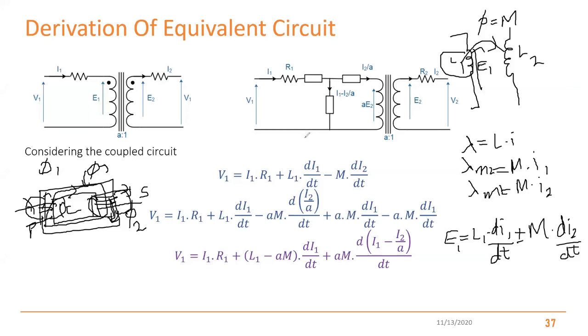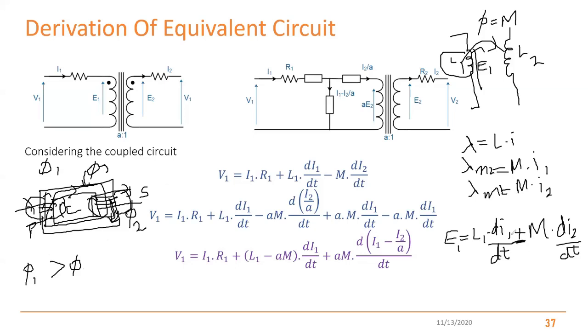the initial fluxes of the primary and secondary are cancelled or reduced. If we say the initial flux is phi1, and phi1 is greater than the mutual flux, then due to the effect of the secondary, the original flux of the primary is reduced.